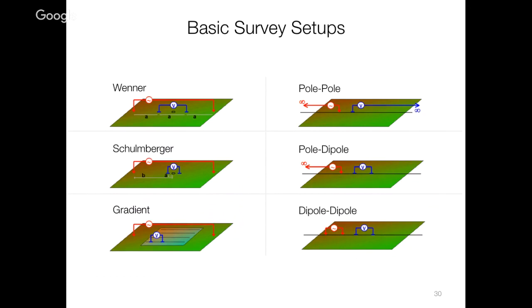Or we could run the other electrode out and we have a pole. So you hear these words, and you very often end up using a pole-dipole. But the fundamentals are all the same.